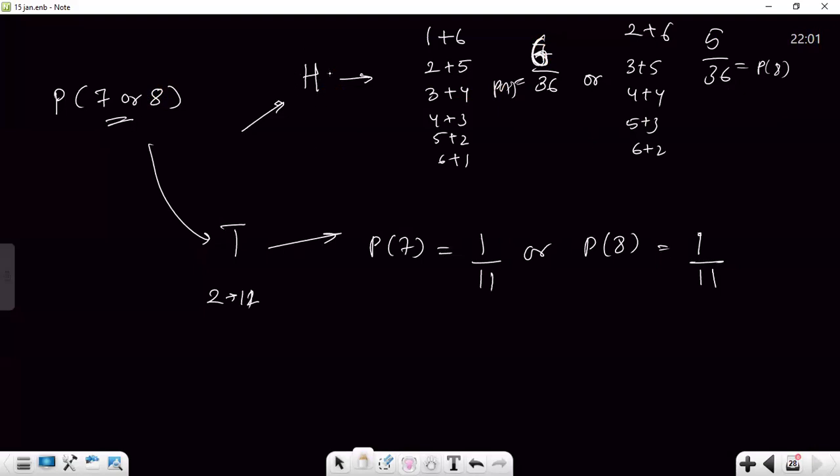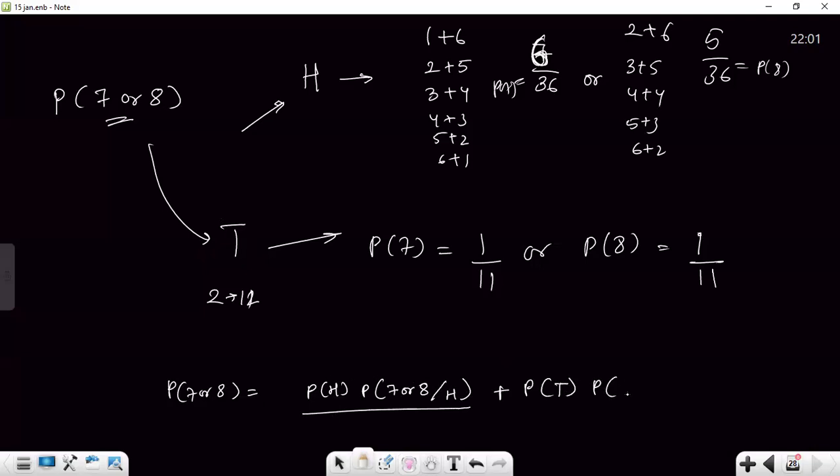So first, if event head is coming, we'll have to multiply. So basically, if we are finding out the probability of getting a 7 or 8, first probability of head, then probability of getting a 7 or 8 when head has come, plus, this is also an independent event, probability of getting a tail, and then probability of getting a 7 or 8 when tail has come.